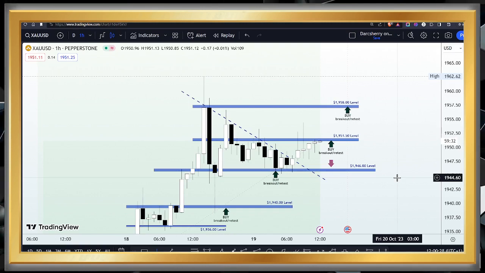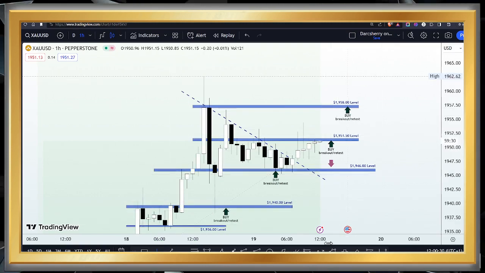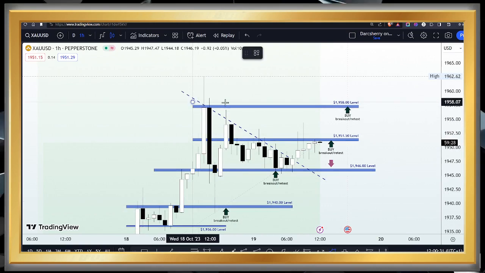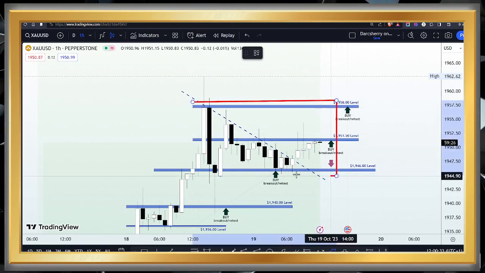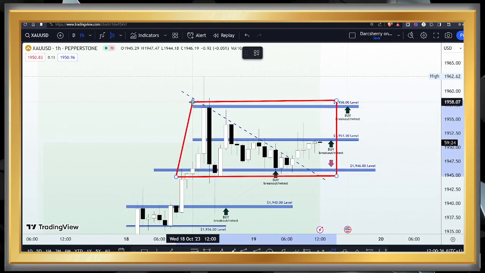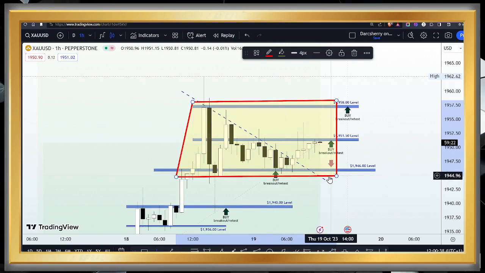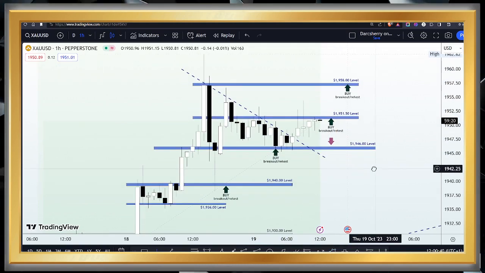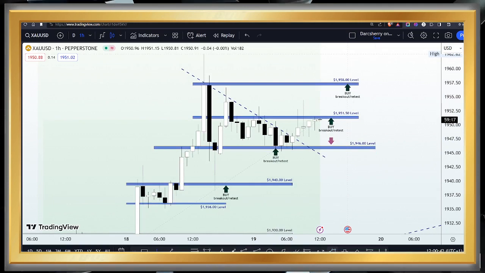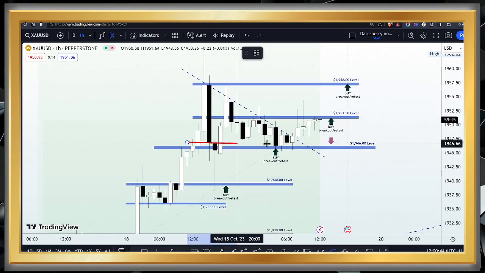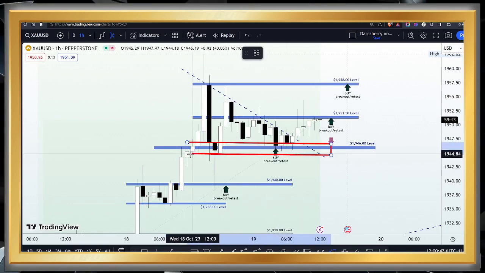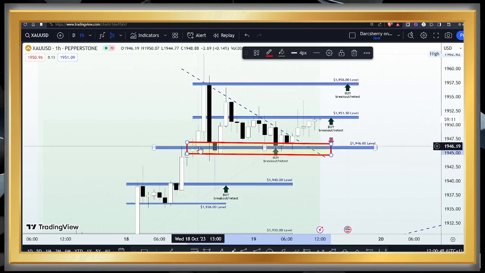And because of this, we saw this spike in trading activities, resulting into price action confined within this 1958 and the 1946 zone. Now, if we consider the strength of the buyers here, you will see that this area around the 1946 level had continued to be a buy zone since yesterday's New York session.